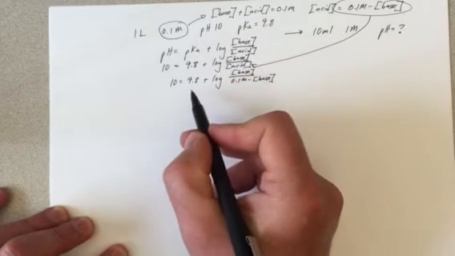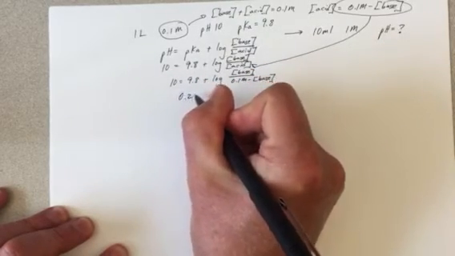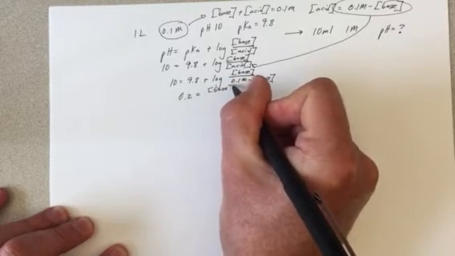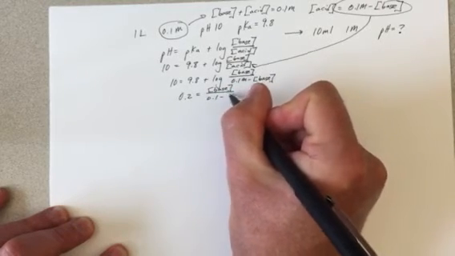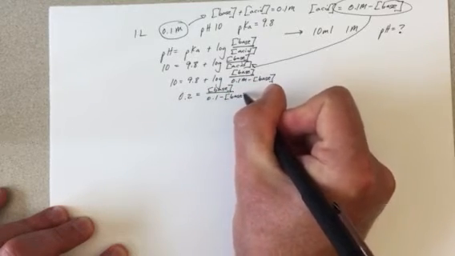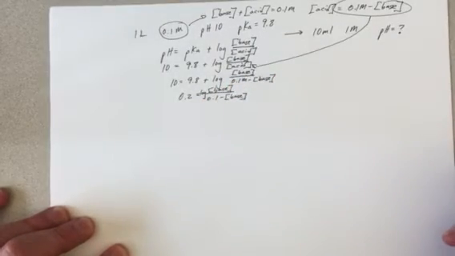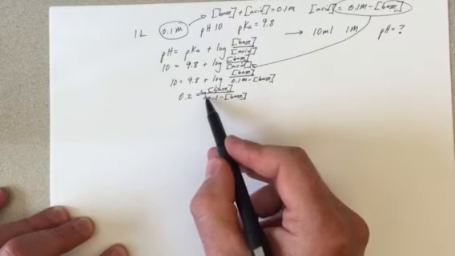Let me subtract 9.8 from both sides, so that leaves me 0.2 equals log of concentration of base over 0.1 minus concentration of base. Oop, I forgot the log there too. Now the log's a problem. How do I get rid of that log?